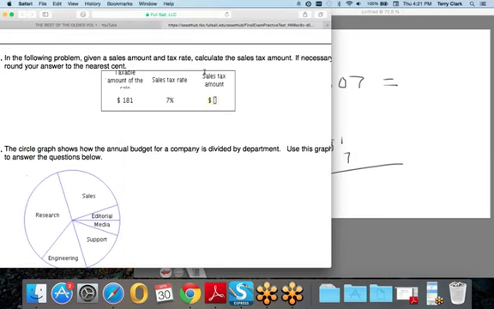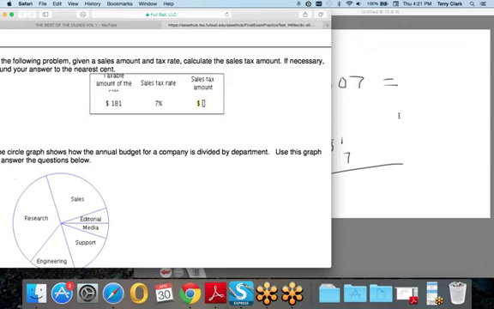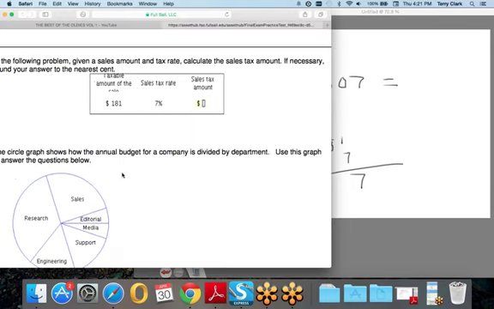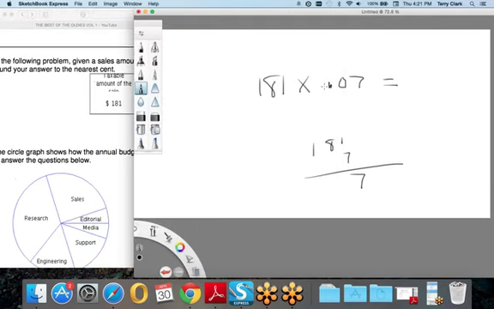Given a sales amount and tax rate, calculate the sales tax amount. Okay, so it's going to be 7. Oh, I think they're talking about the total amount here. Well, let's go 7 here. 7 times 8 is going to be 56. 7 times 1 is 7 plus the 5 makes 12.